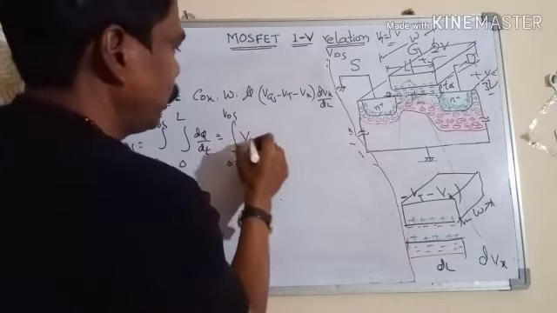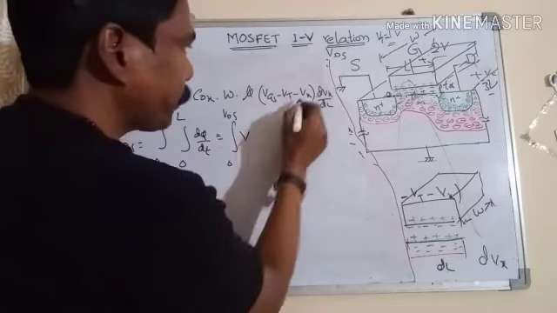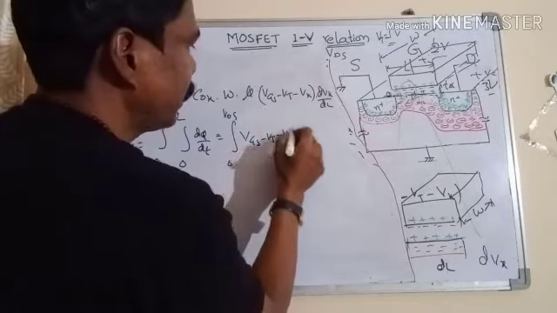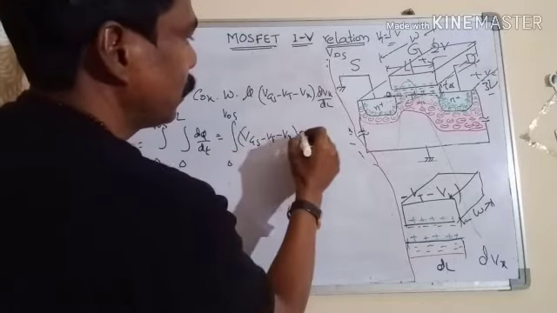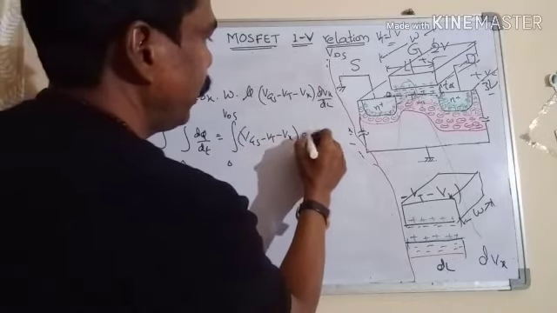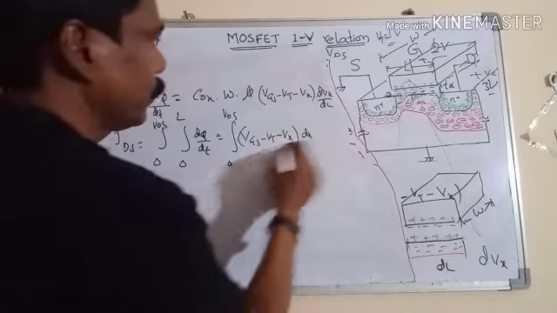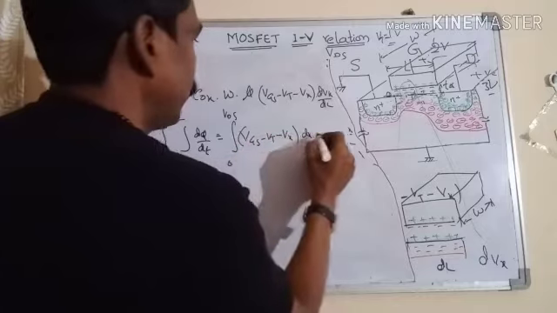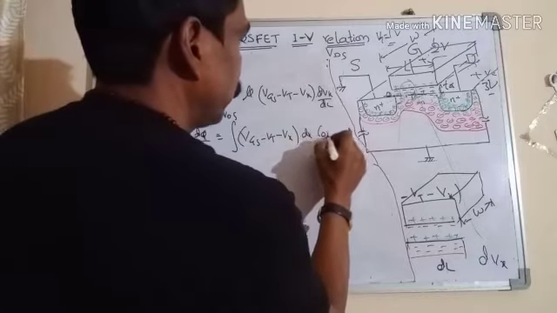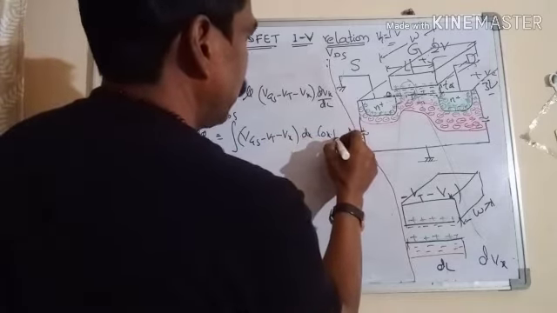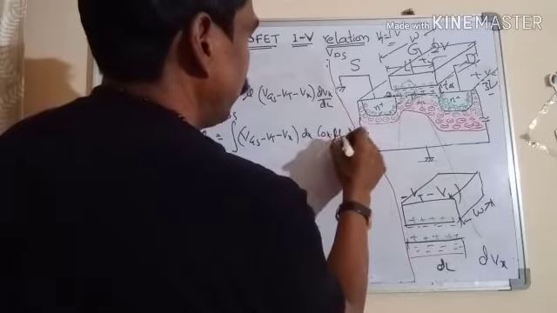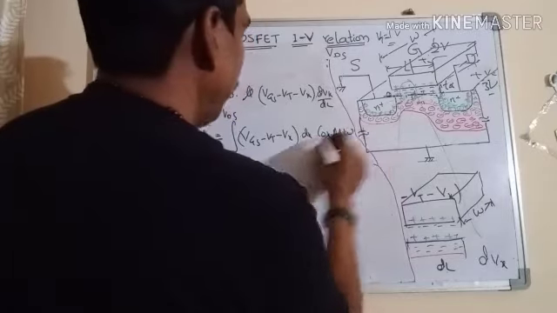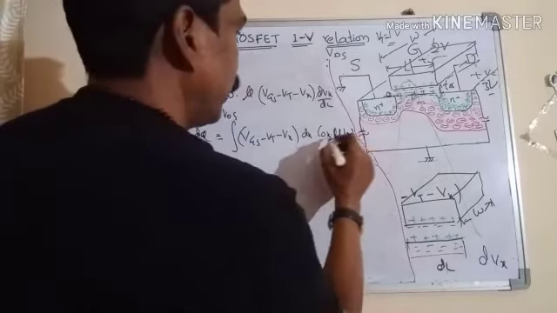that is, Vx is there in this term only, Vgs minus Vt minus Vx into dVx into Cox mu into W and by dl.